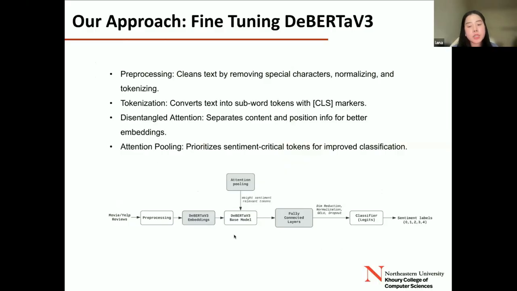Then it is passed through fully connected layers where we apply dimension reduction, normalization, GELU, and a dropout rate, and then it comes out with the sentiment labels. We also optimize efficiency by reducing computational costs through gradient accumulation and mixed precision training, as mentioned earlier, to allow us to process longer text, especially for the Yelp Reviews dataset, without excessive memory usage.